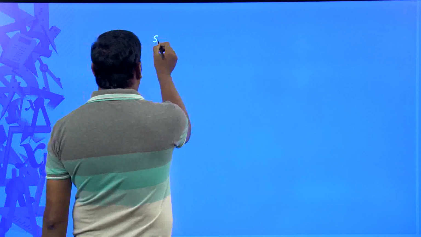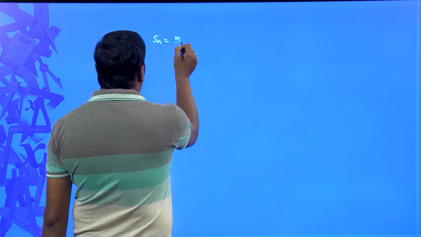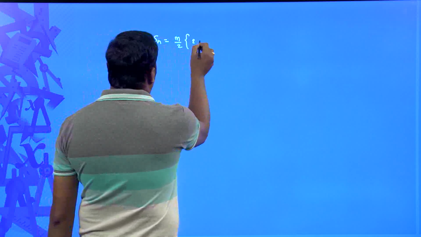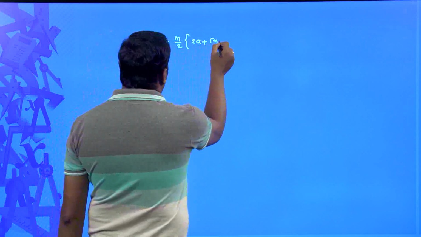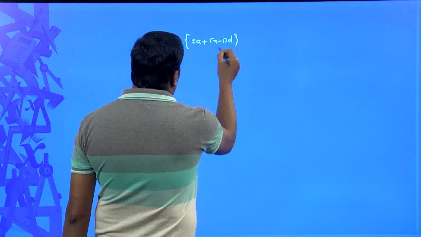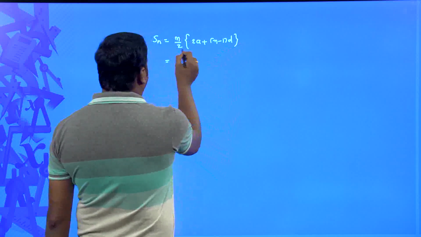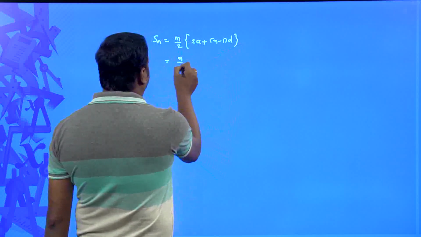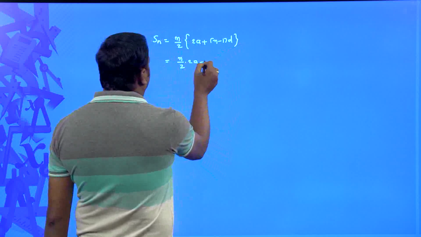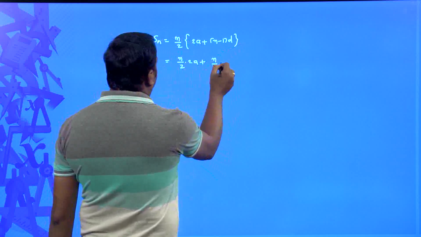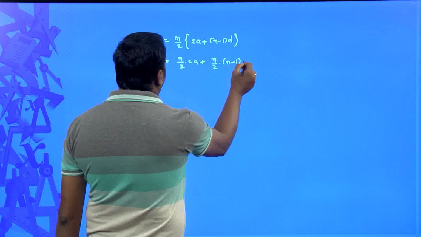Sn is equal to n by 2 times (2a plus (n minus 1) into d). We can write this as n by 2 into 2a plus n by 2 into (n minus 1) into d.